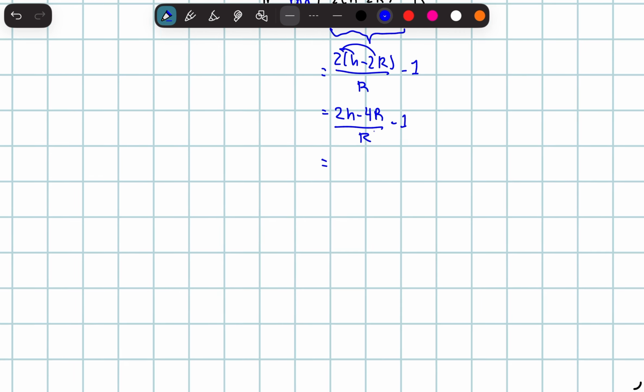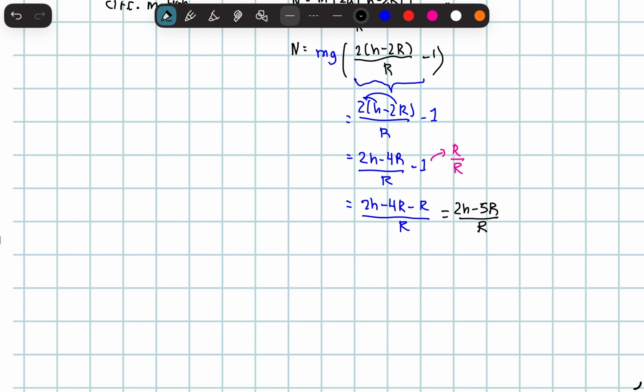Then this is equal to (2h minus 4r minus r) over r, because you can rewrite 1 as r over r. Now you can rewrite this as (2h minus 5r) over r. So if you rewrite the whole thing, N is equal to mg(2h minus 5r) divided by r.